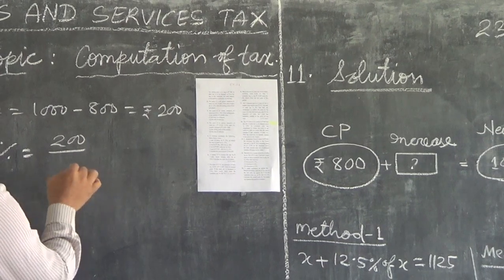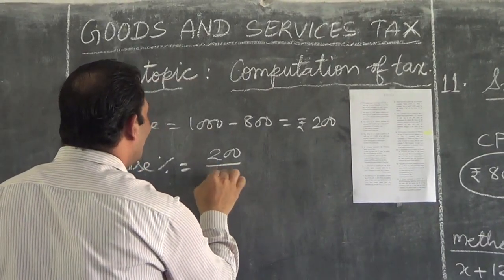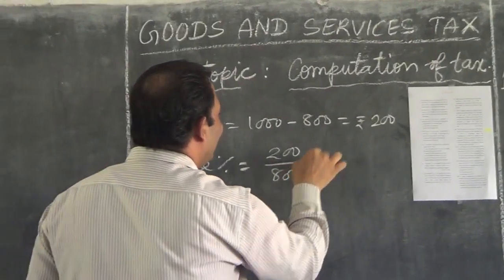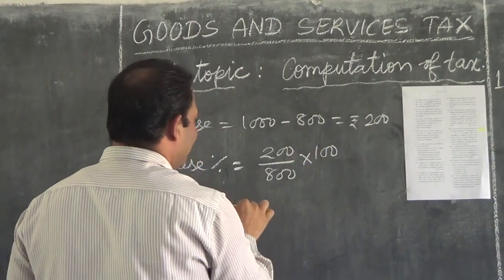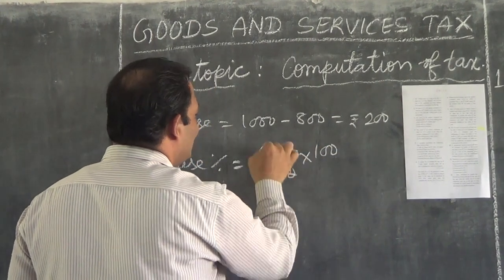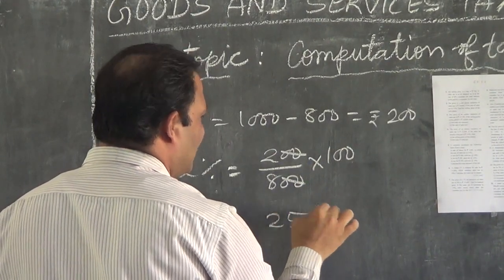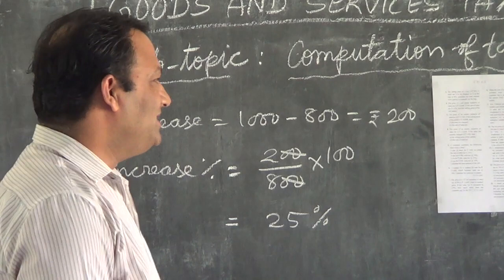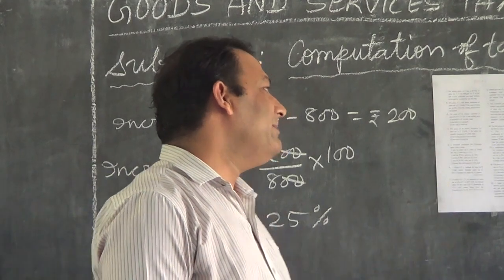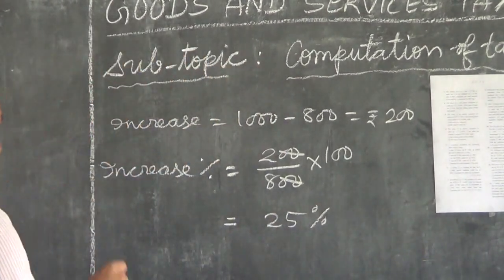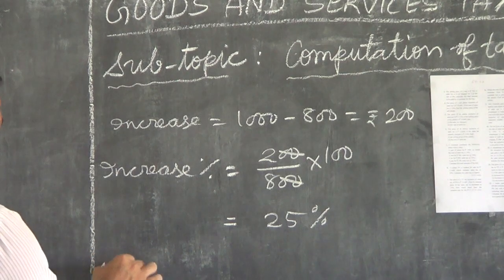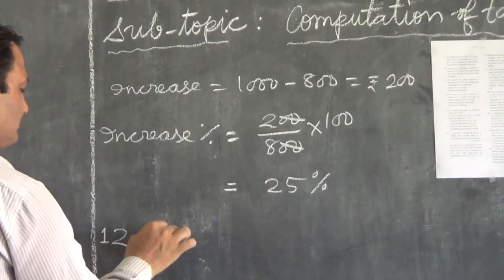So increase percentage to be calculated on the original, that is cost price, into 100. So we got here 25% increase. This is the answer. So percentage of increase is 25%. So this is the solution for question number 11.